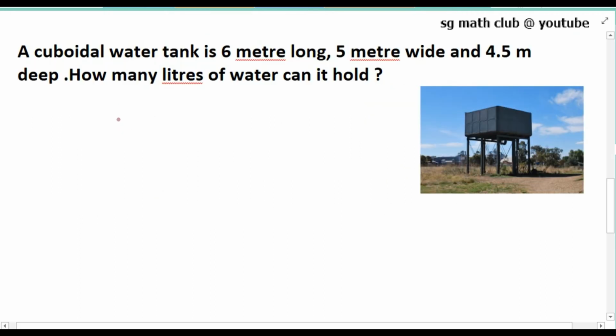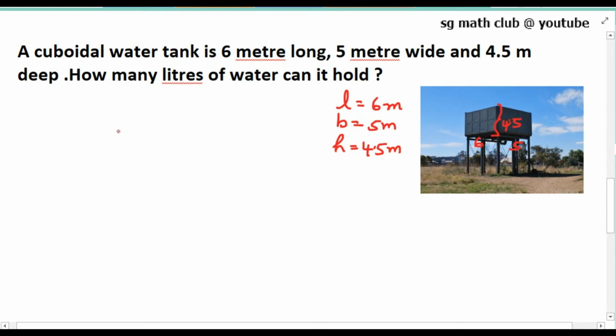So the second question: a cuboidal water tank is 6 meter long. You can see a cuboidal water tank is 6 meter long. So length is 6 meter, breadth is 5 meter and height is deep. Deep means height is 4.5 meter. So we can write 6, then 5, and the height is 4.5 meter.